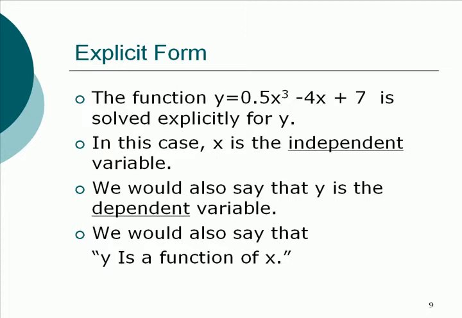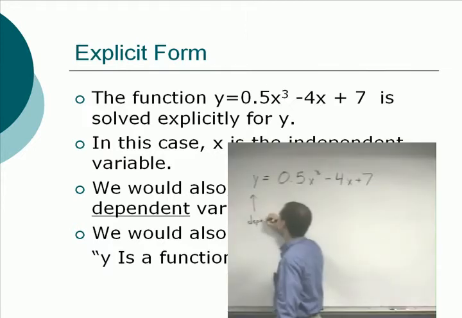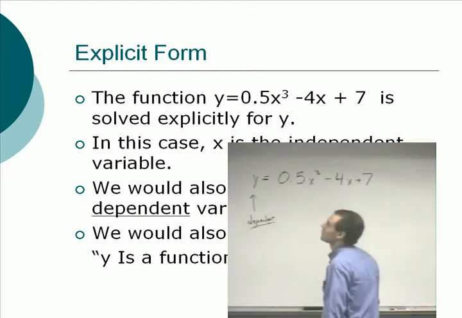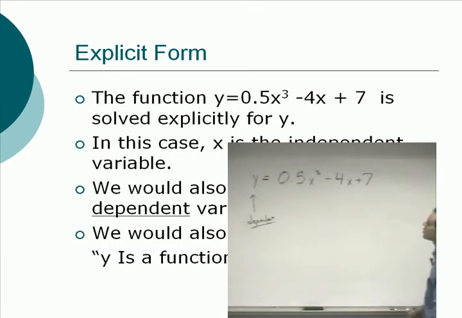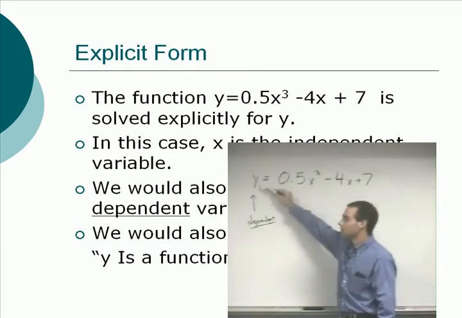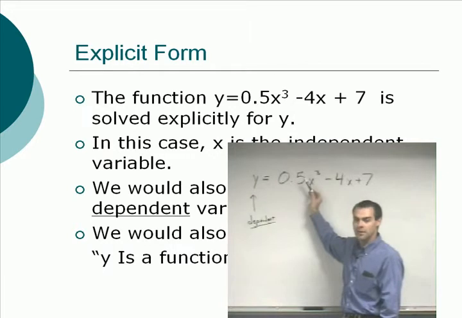Independent means it doesn't depend on anything else. You can choose x to be whatever you want and it will kick out a y value. Y, we would say, is the dependent variable. That's the dependent variable because it depends on x. It's usually easier to remember what the dependent variable is because it depends on the other one.